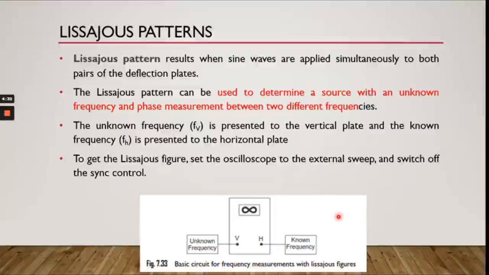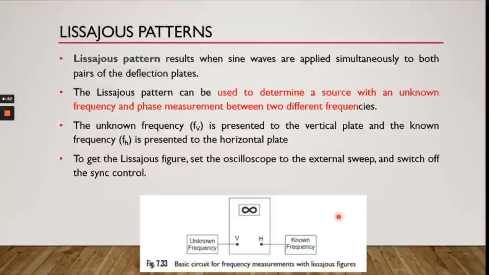Next, we have covered the fact that we can use the oscilloscope to measure voltage, period, frequency, and phase difference. Now we can also use an interesting phenomenon from the oscilloscope, which is called the Lissajous pattern.